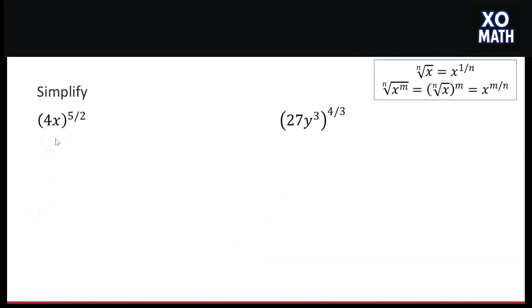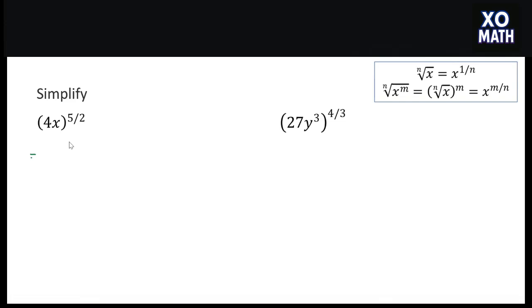And now we'll simplify some expressions that are raised to rational exponents. So here, 4x all raised to the 5/2, we would start out by applying the property: 4 to the 5/2 times x to the 5/2. x to the 5/2 can't be simplified, but 4 to the 5/2 is the square root of 4 raised to the 5th.